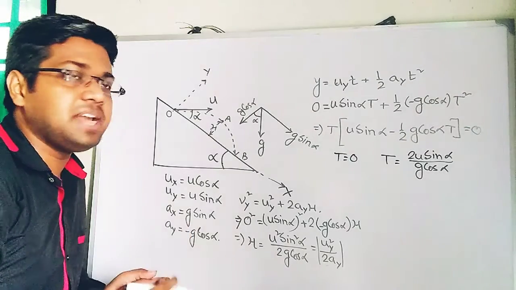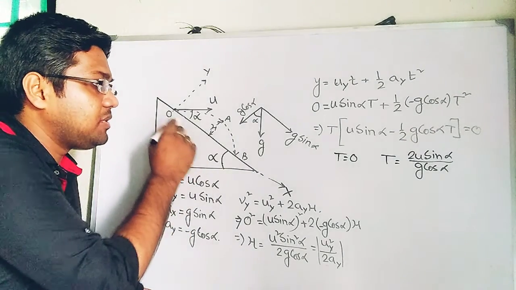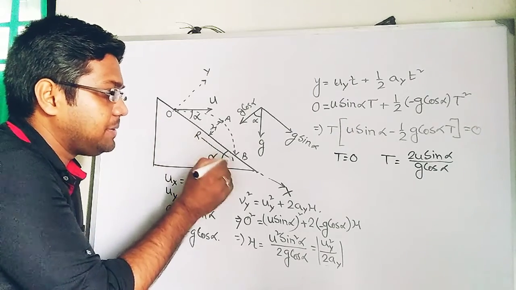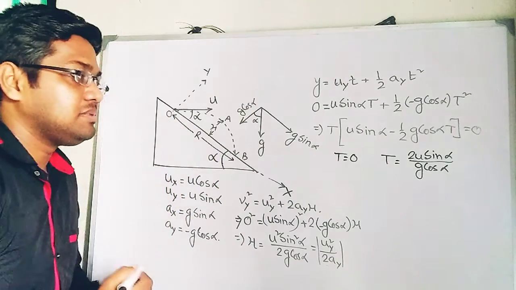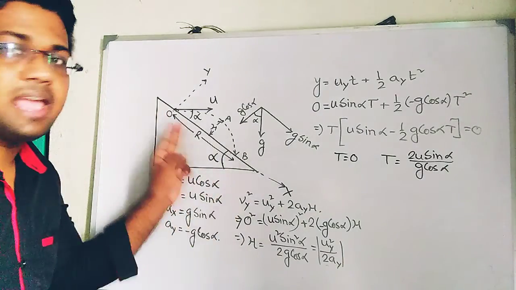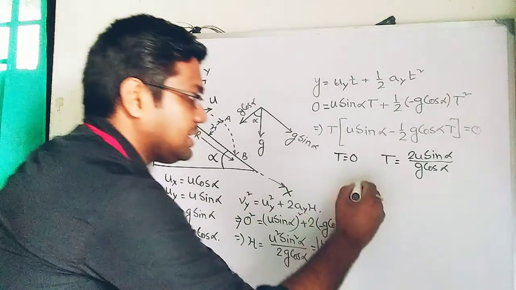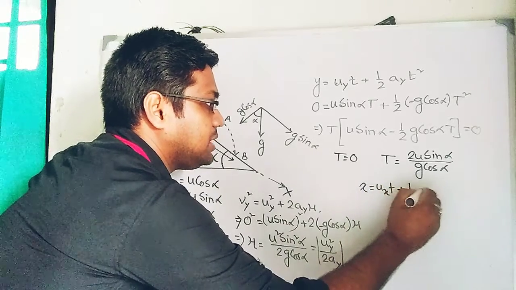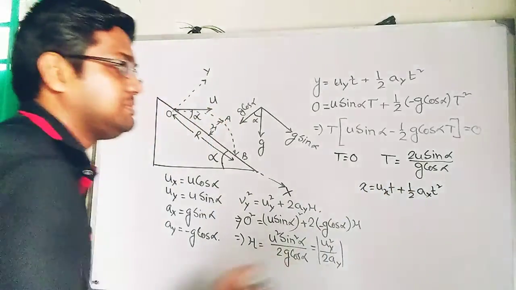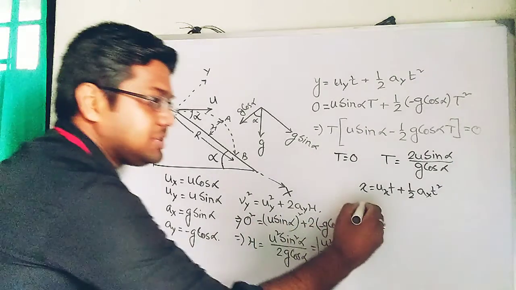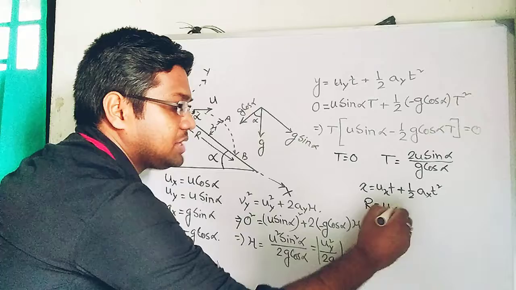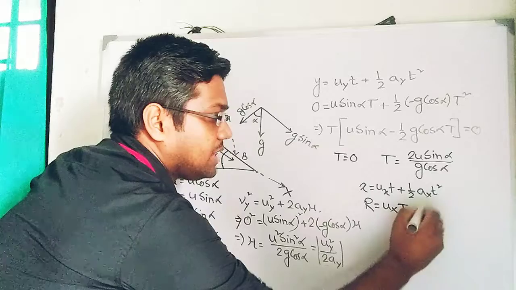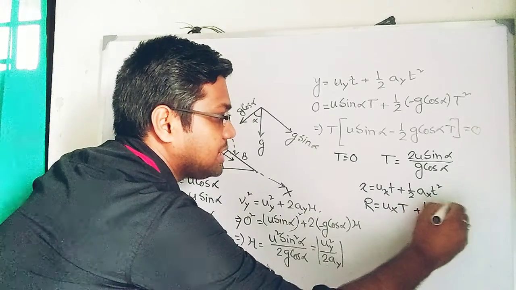If I want to find the range, that is the distance covered by the particle along the inclined plane, OB, if I denote it by capital R, then we have to write the equation of motion along the x-axis, and that is x equal to ux into t plus 1 by 2 into ax into t square. If I put x equal to R, then small t should be capital T, the total time of flight.